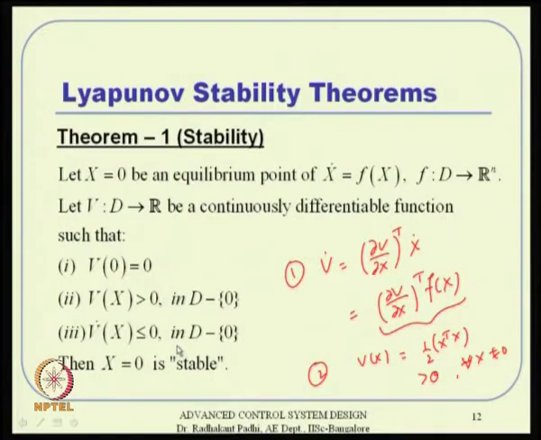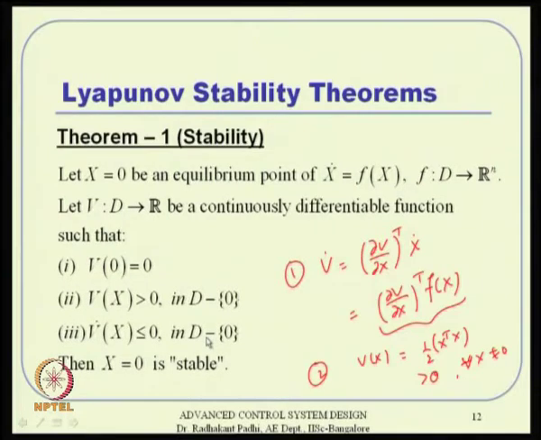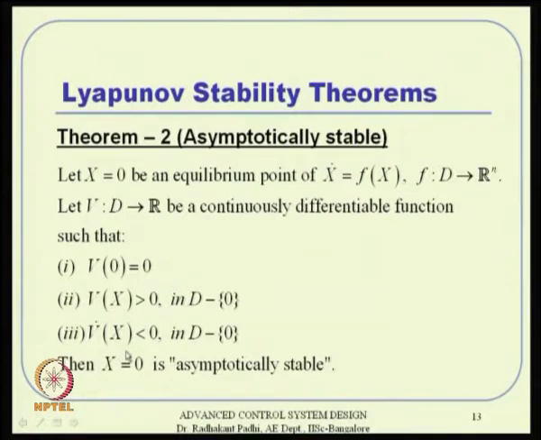We are mostly interested in asymptotic stability anyway, and that is theorem 2. Carefully observe theorem 2, this gives you asymptotically stable, that is the condition. Everything else remains intact, but the condition that changes here is only this one. This less than or equal to 0 becomes strictly less than 0. Okay.